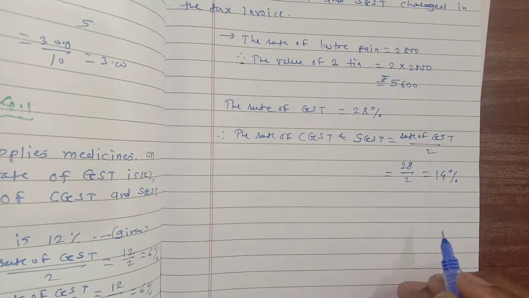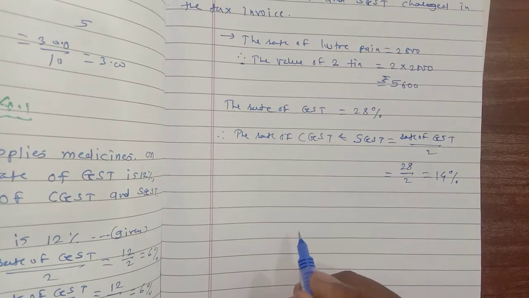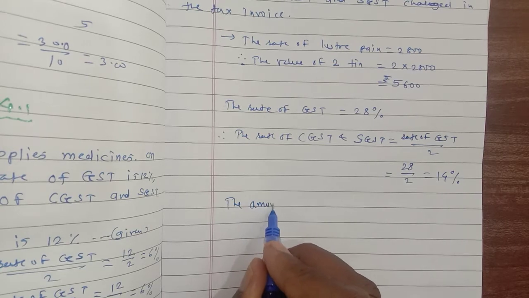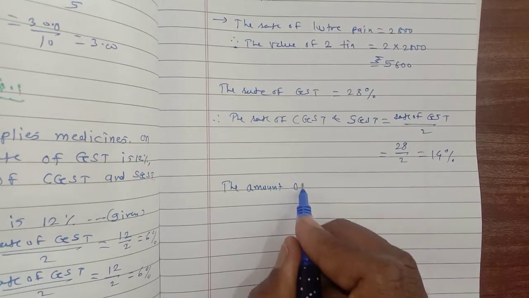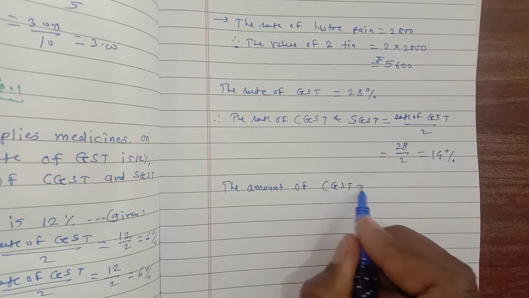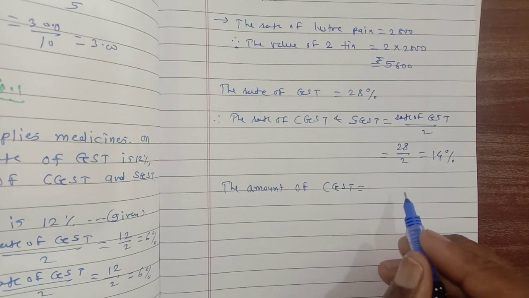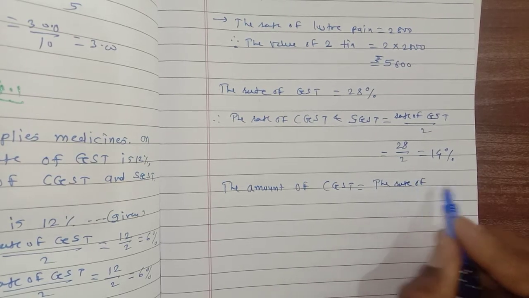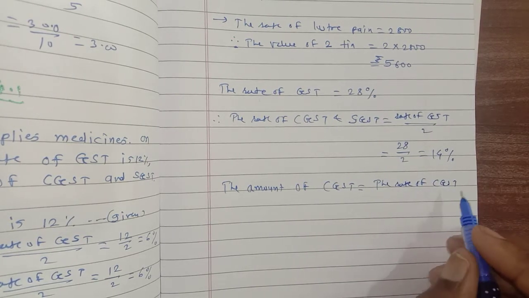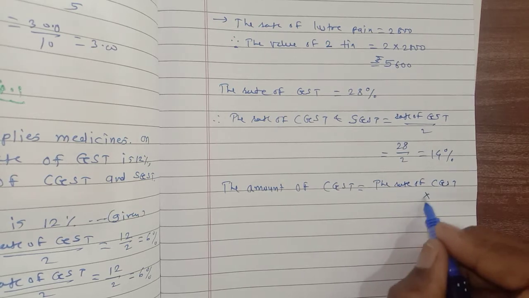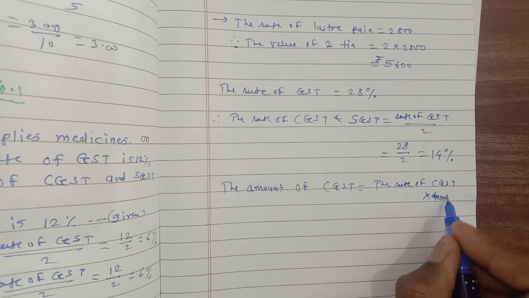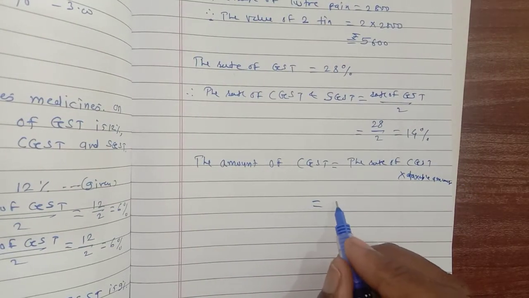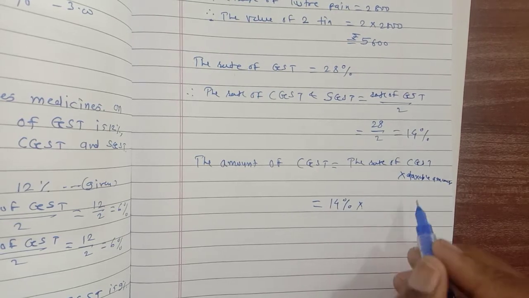The amount of CGST is equal to the rate of CGST into taxable amount, is equal to rate 14% into taxable amount.